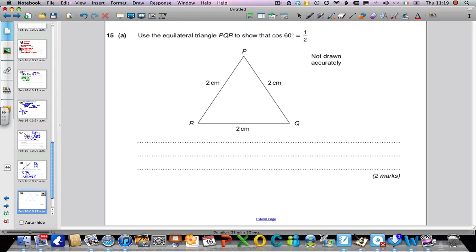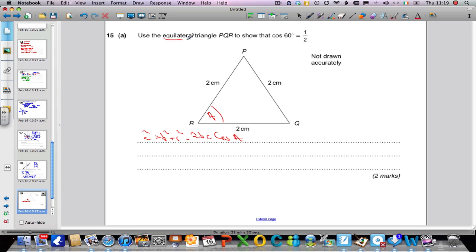Right, question 15. We're asked to use the equilateral triangle to show that cosine 60 degrees is 1/2. Now, I did this question by using the cosine rule. The cosine rule states that a squared equals b squared plus c squared minus 2bc cosine A. If I call that A, I should be able to fill in these.